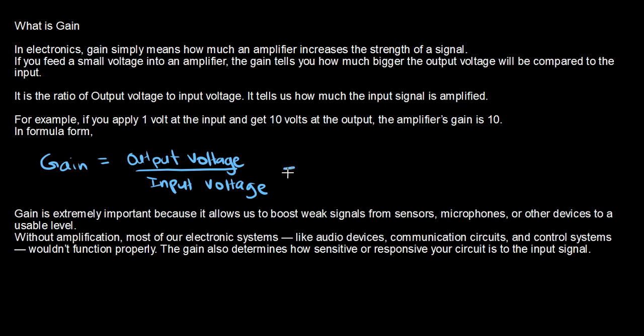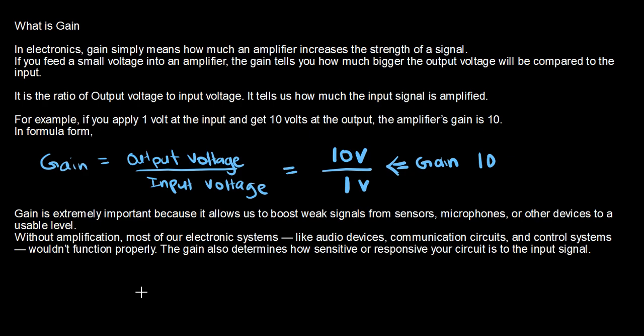For example, let's say you provide an input voltage of 1 volt to an amplifier, and from the output, you get a voltage of 10 volts. In this case, the gain is going to be 10.